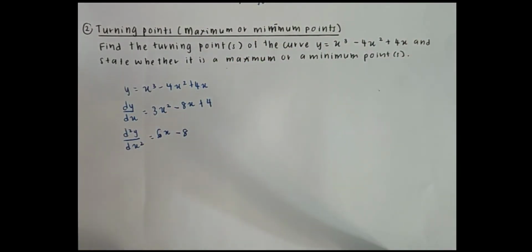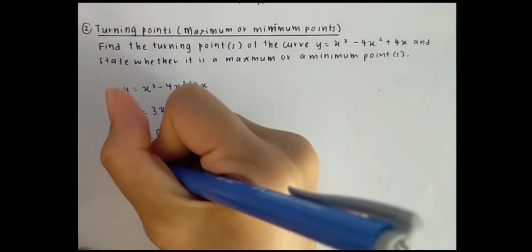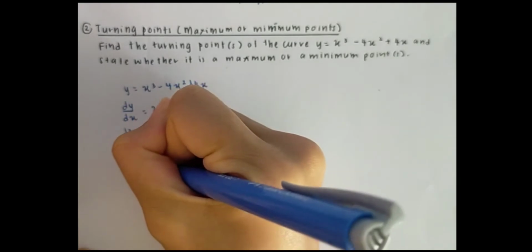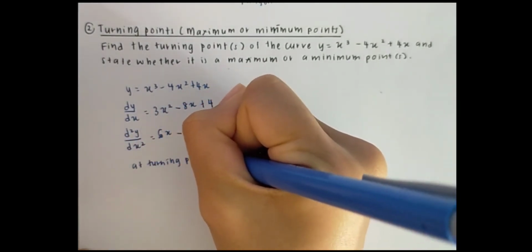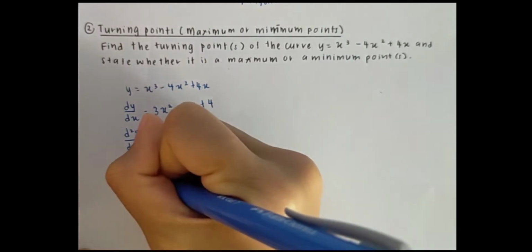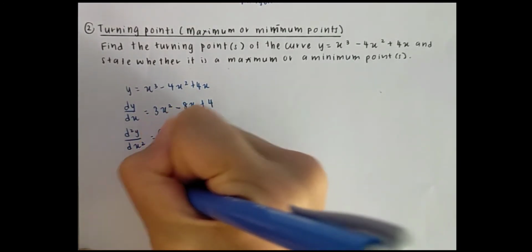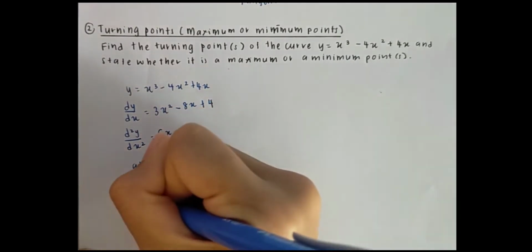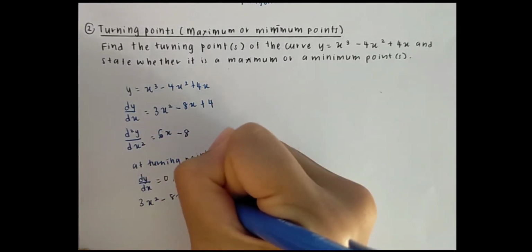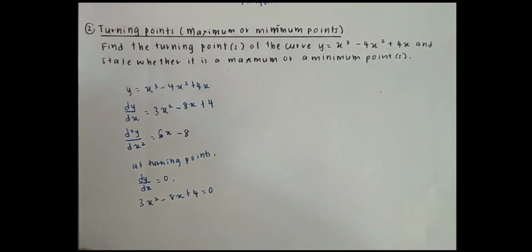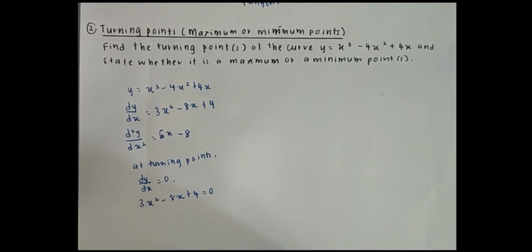Okay, so at turning points, dy/dx equals 0. So 3x squared minus 8x plus 4 equals 0.